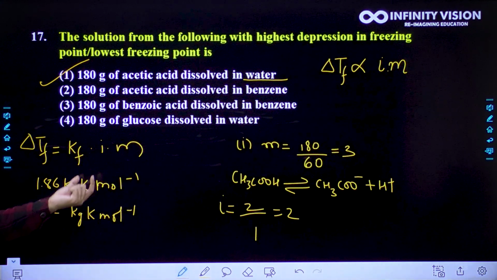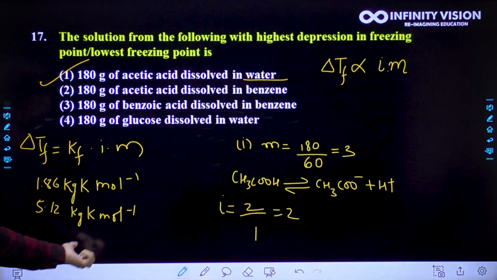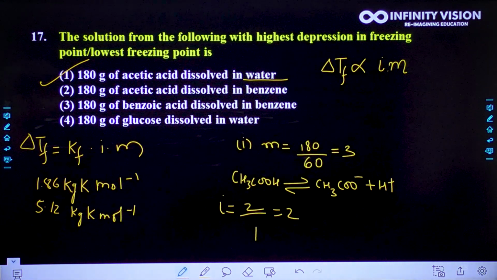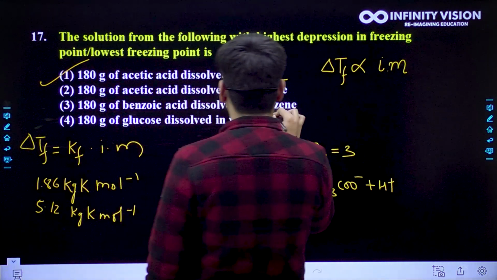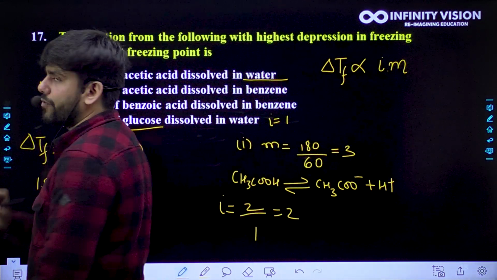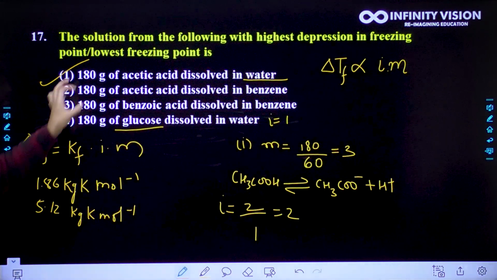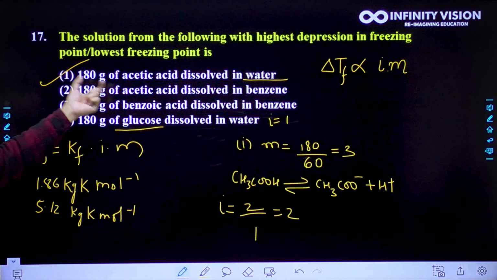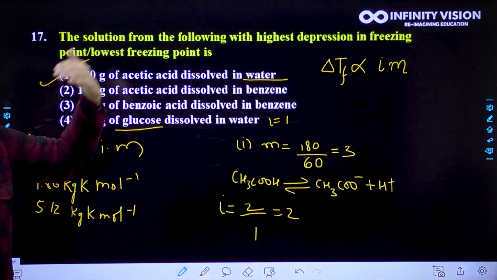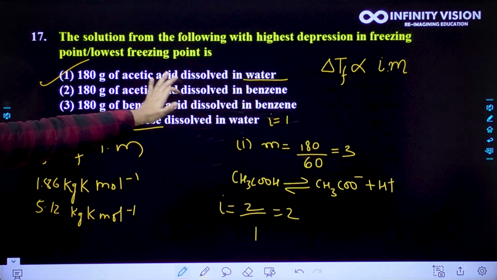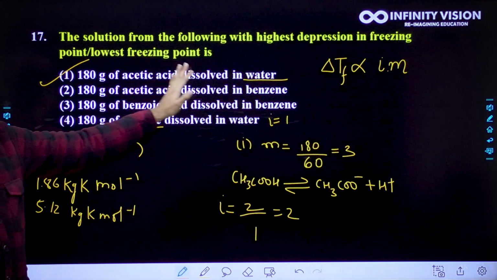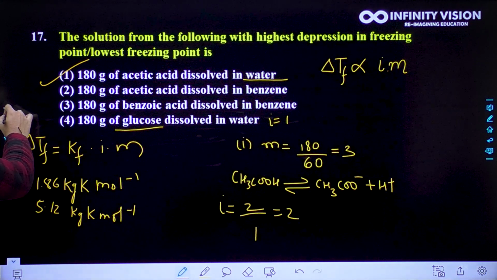So even if you put the values of Kf, we can get the answer, right? In the last one, i is equal to 1 because this is a non-electrolyte. So this way we can calculate, and the first will be the right answer. We will get delta Tf with the maximum value in the case of the first one, and hence the lowest freezing point. All right. So let us discuss the next question.